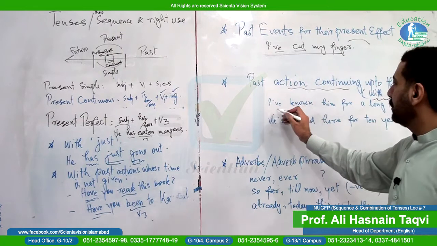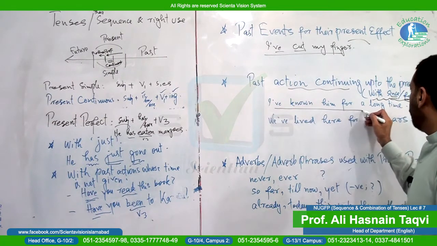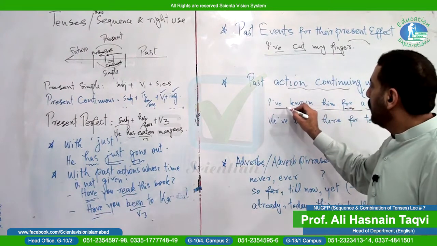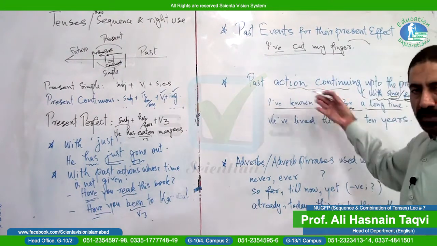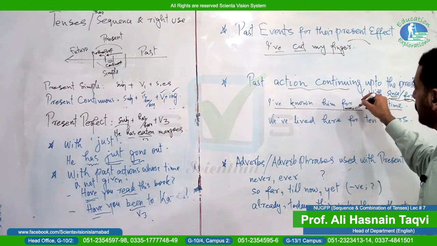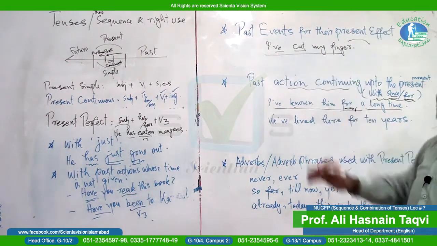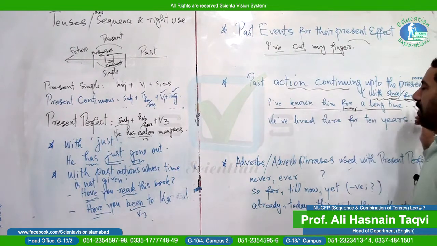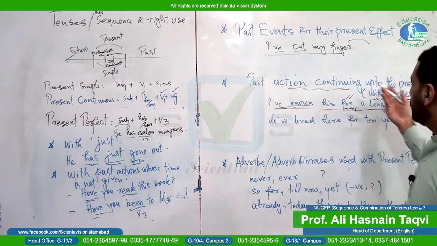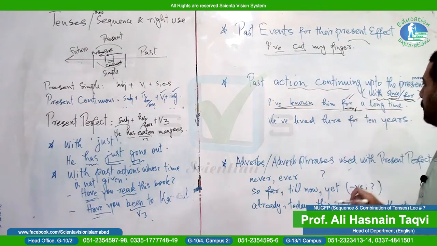But see these expressions here. I have known him for a long time. So this person is an acquaintance, has been a friend, and up to this point in recent time, much time has lapsed. So I have known him for a long time. This usage of present perfect is permitted under the rules.